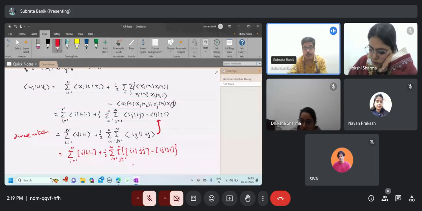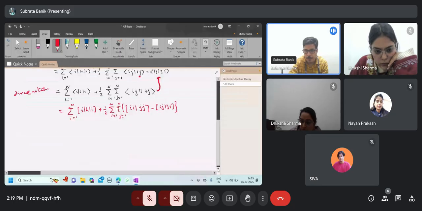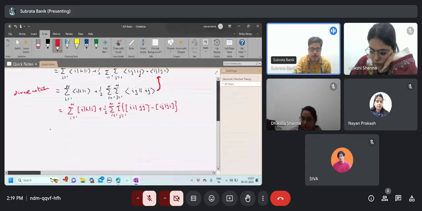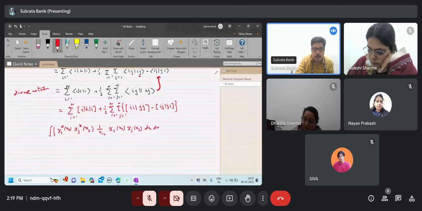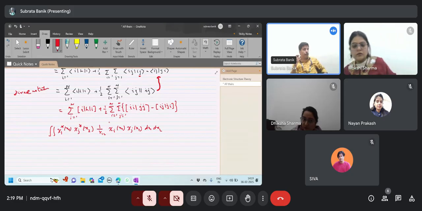What does this mean? Let me take only one example. This term means you expand this: the double integration of chi_i star x1, chi_j star x2, 1 upon r_12, chi_i x1, chi_j x2, dx1 dx2. It means that in the Mulliken notation, you write the same index together, right?